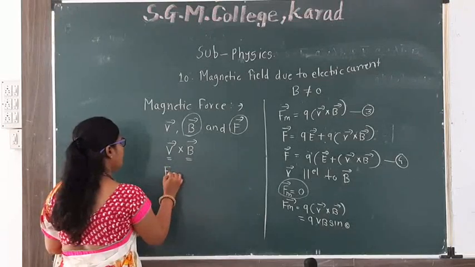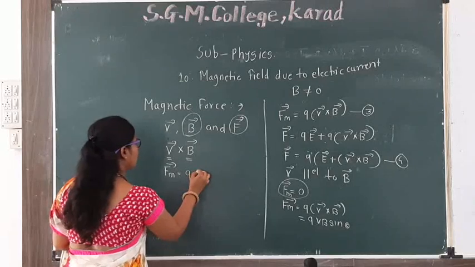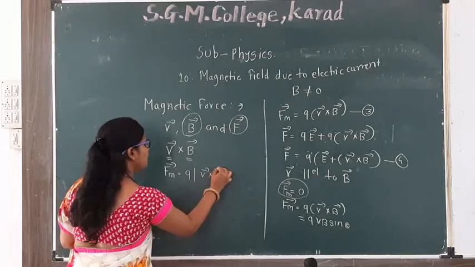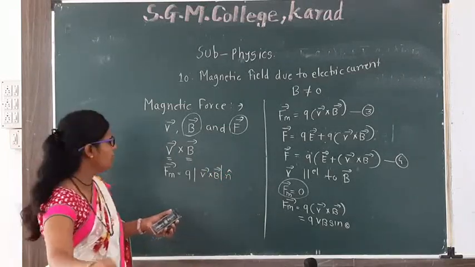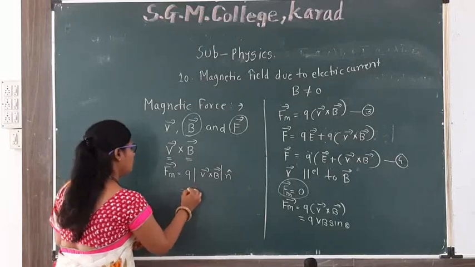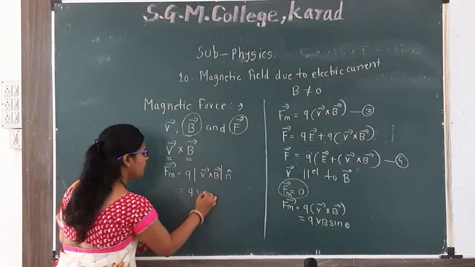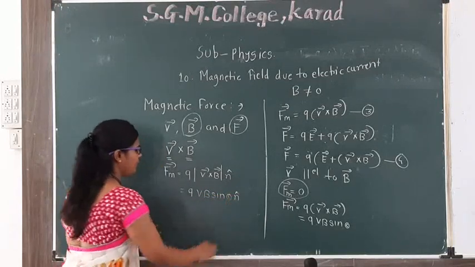Vector Fm is equal to Q times the magnitude of vector v cross vector B times the unit vector, that is, Q V B sin theta n cap.